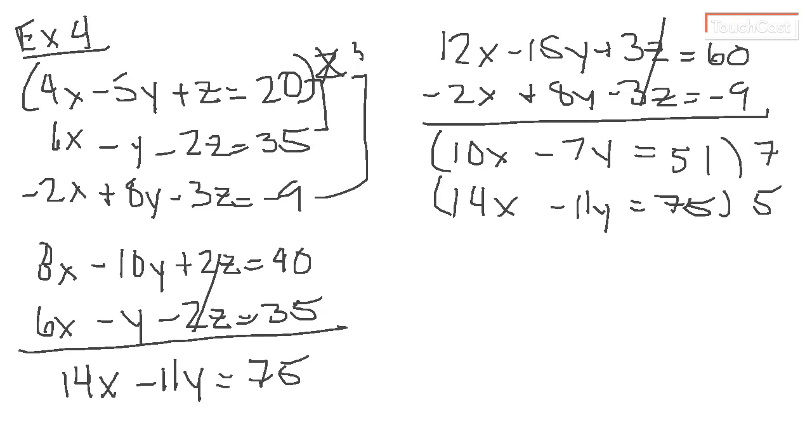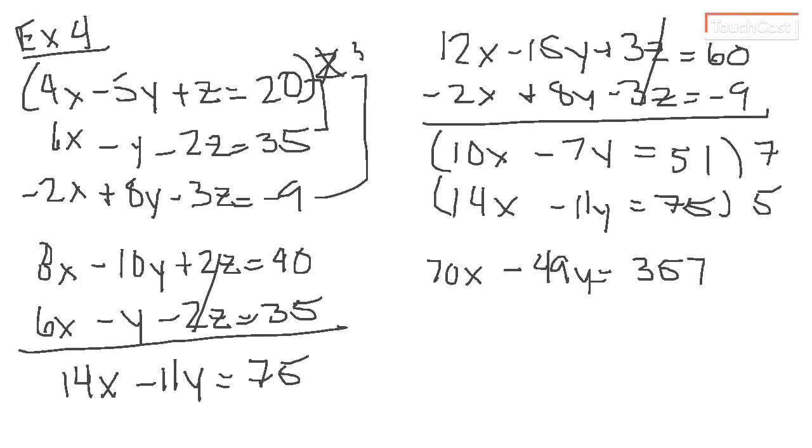Because I know 2 goes into both 10 and 14. So I'm just not going to worry about that. They're both evens. We're just going to multiply by what factor each one has that the other doesn't. So my new top row is going to be 70x minus 49y equals 357.